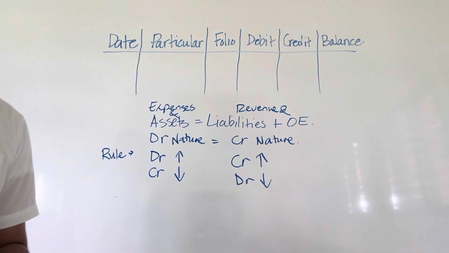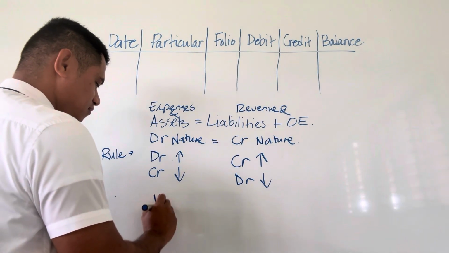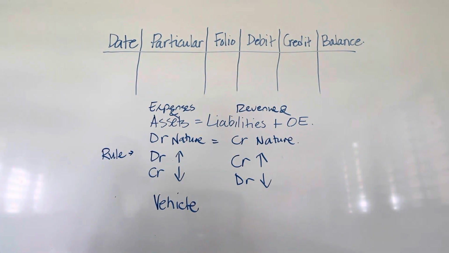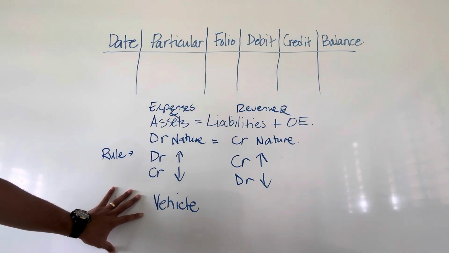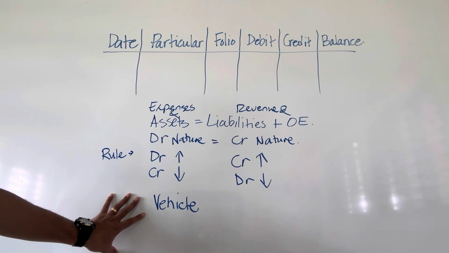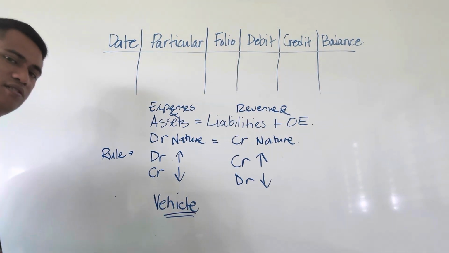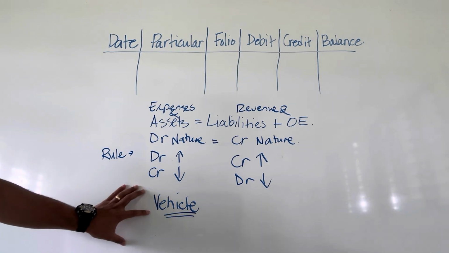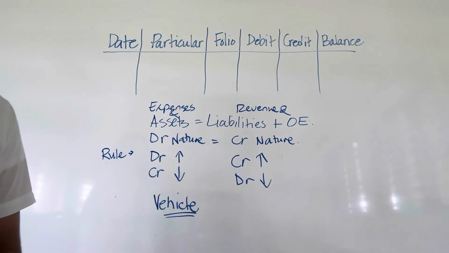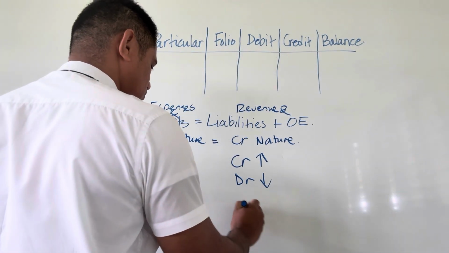Okay? So there are two accounts affected. Account number 1 is vehicle. Now they have a new asset because vehicles are assets. The other account affected is accounts payable.